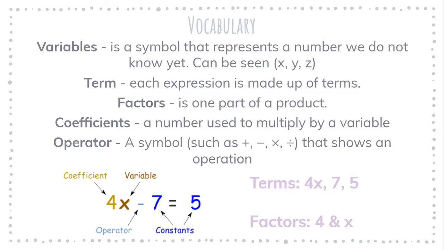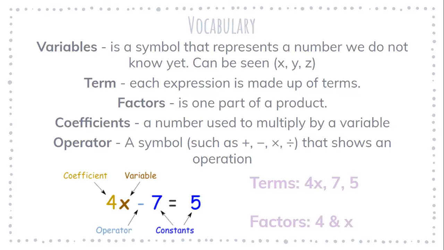And then I'm going to explain the operator right now. The operator is a symbol such as plus, minus, multiplication, or dividing that shows an operation. So it's going to be the number that you're multiplying by, subtracting by, adding by, dividing by, and then you divide those or add those, subtract those by the constant, and then your equal sign will come before your answer.